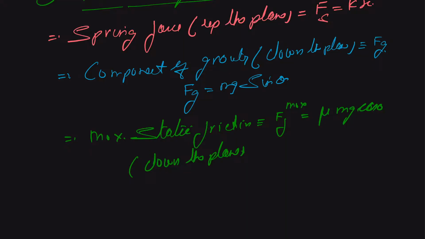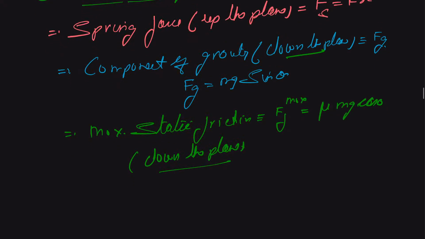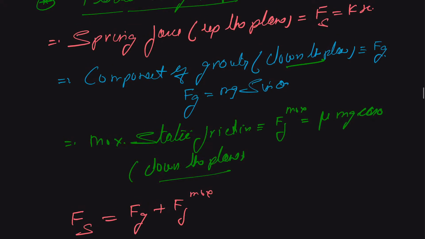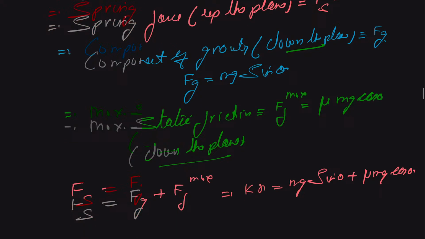So we have Fg down the plane, and this friction is also down the plane, and we have a spring force up the plane. So we can say Fs is equal to Fg plus f max, and so this gives us kx equal to mg sine of theta plus mu mg cos of theta.